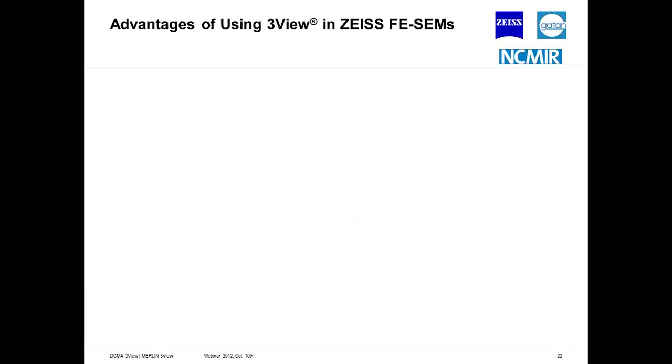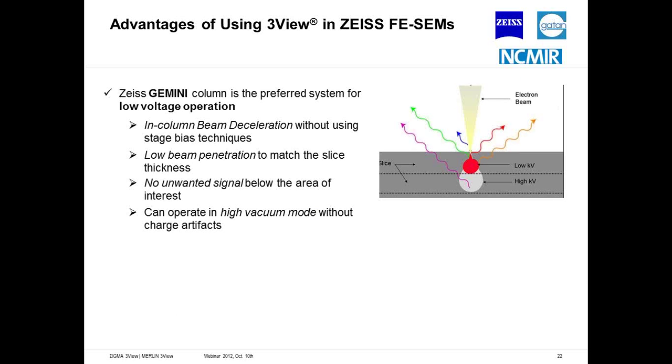This brings us to the advantages of using this column for the 3View. This column is very special in supporting low voltage operation, and that is very important because only with low voltage do you achieve that the electron beam does not penetrate too much into the sample.